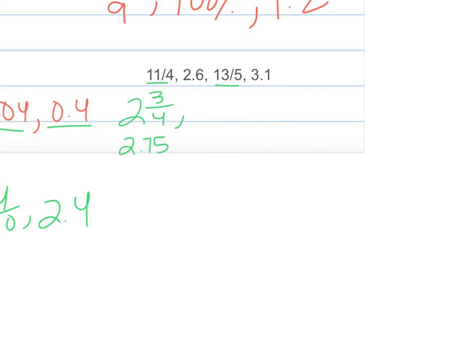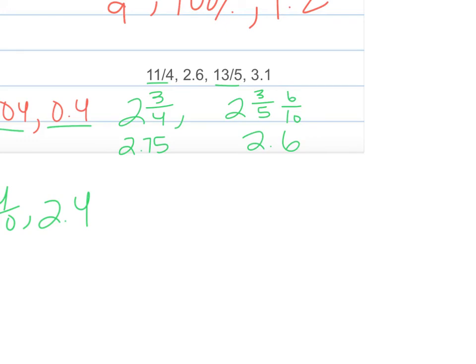Now 13/5 would be 5 goes into 13 2 times, which is 10, which leaves 3 left over out of 5, which if I were to make this into tenths would be 6/10. So 2 6/10. Now they're all in decimal form, so I can put them in order.